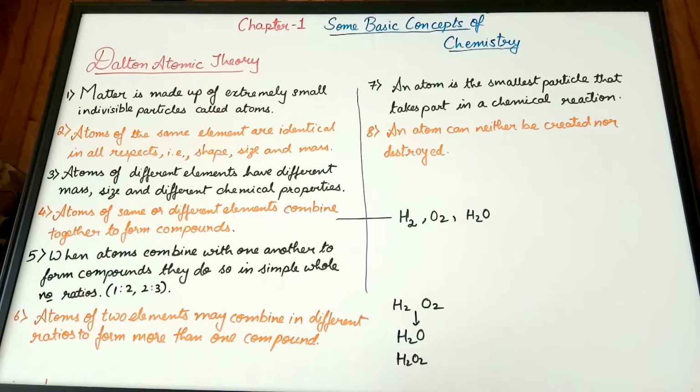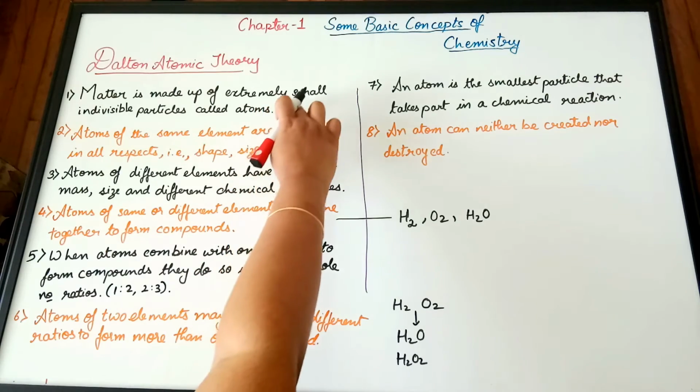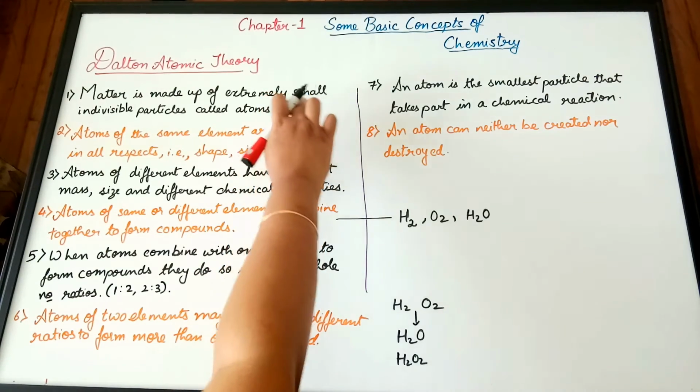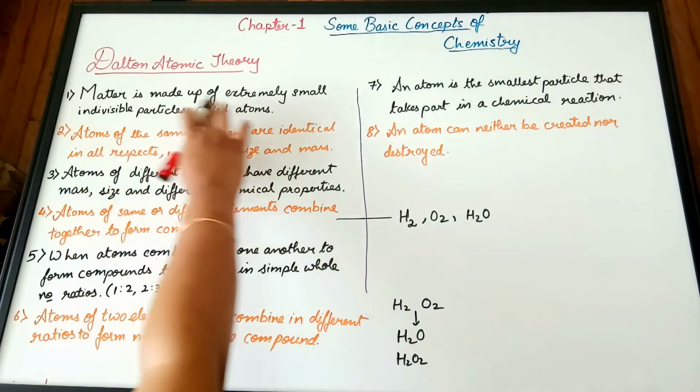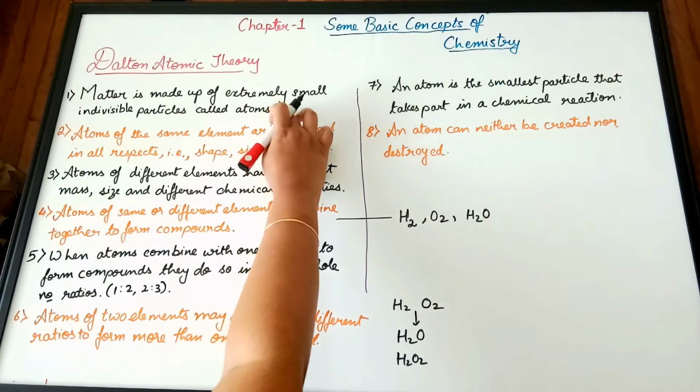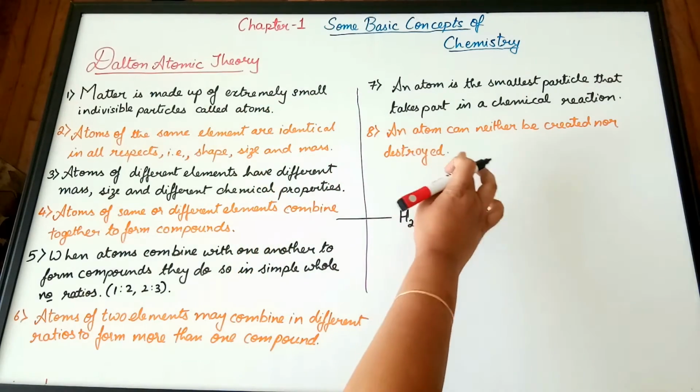Amongst these postulates, the law of conservation of mass is visible in the first postulate and the last one. Matter is made up of extremely small indivisible particles called atoms, and an atom can neither be created nor be destroyed.